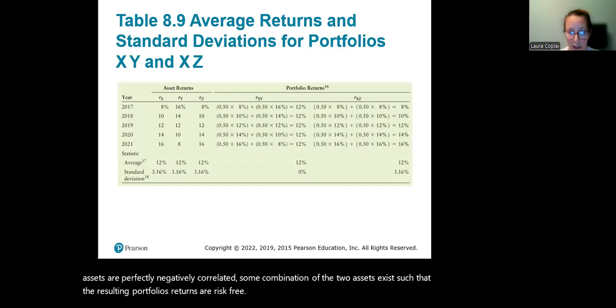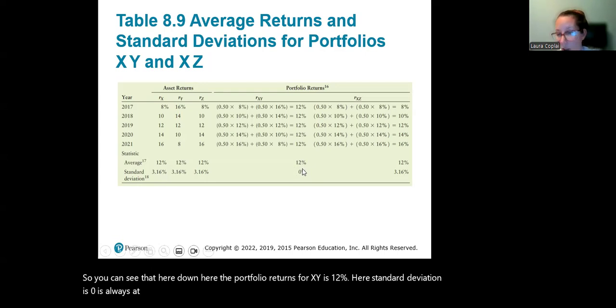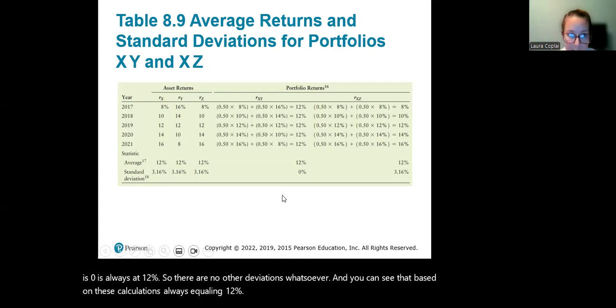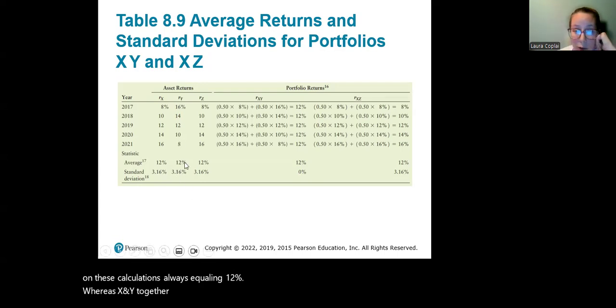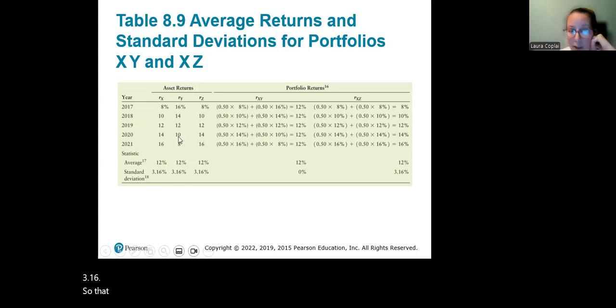You can see that down here, the portfolio return for XY is 12%. Standard deviation is 0, it's always at 12%. So there are no deviations whatsoever, and you can see that based on these calculations, always equaling 12%. Whereas X and Y on their own, yes, their average is 12%, but they each have a standard deviation of 3.16, so their returns change every year.